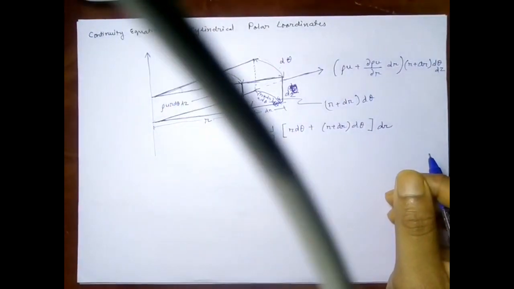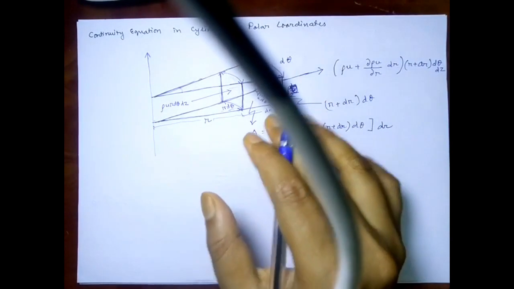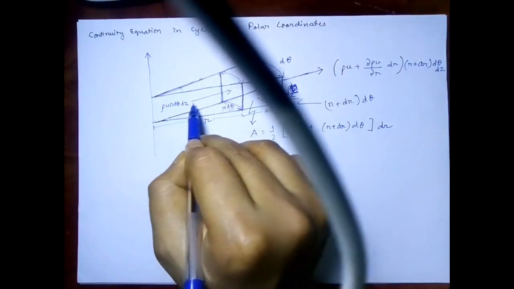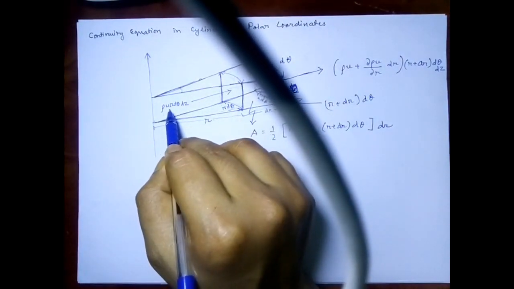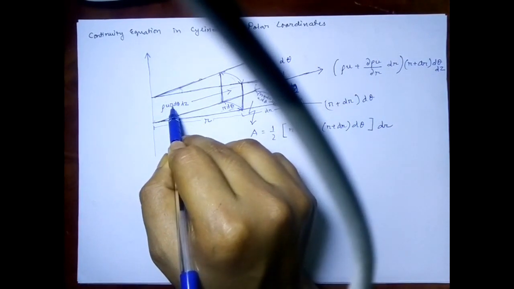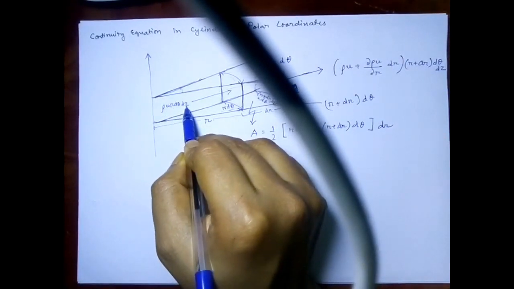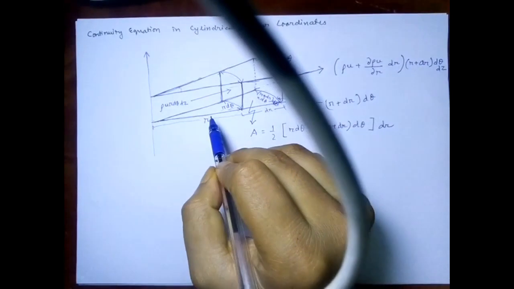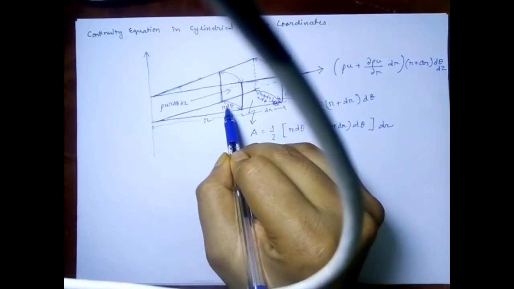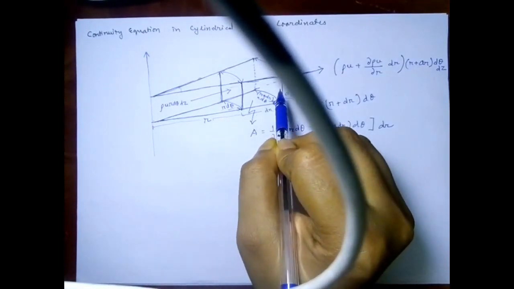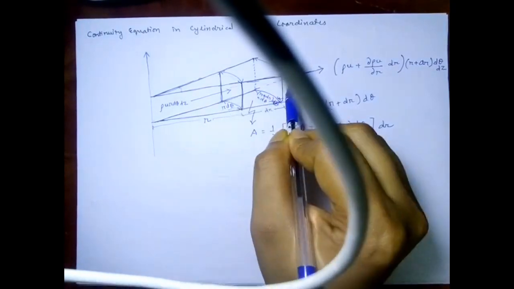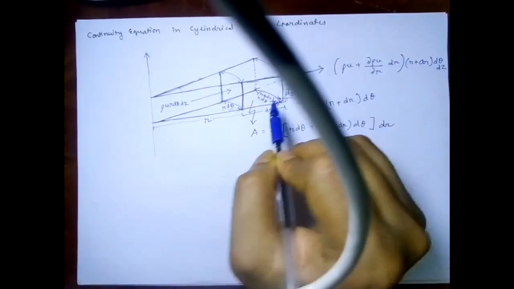And so we have defined this control volume, and a fluid of density rho, with u as the velocity, times r d theta dz, because the volume will be r d theta times dz, where dz is this length.